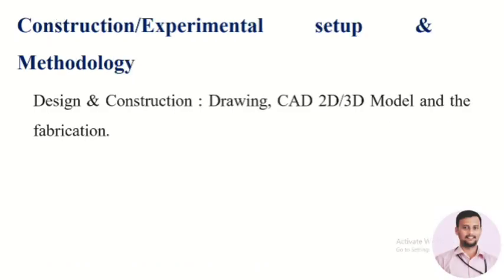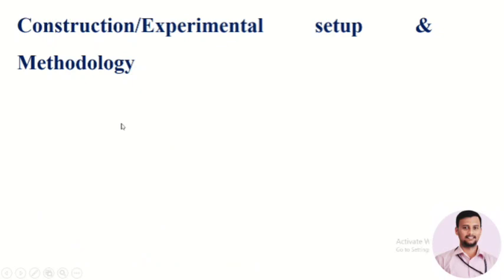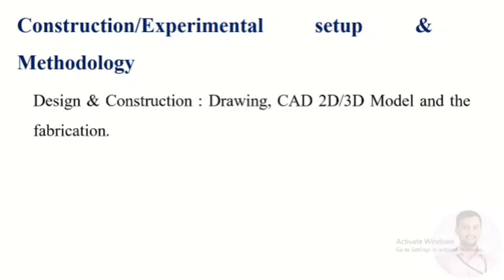After the objectives slide, the next slide should be the construction, experimental setup and methodology. In this section, if you are doing a design related seminar or presentation, you need to use 2D and 3D models, drawings and the fabrication work. The same figures you have explained in your report have to be presented here and explained.